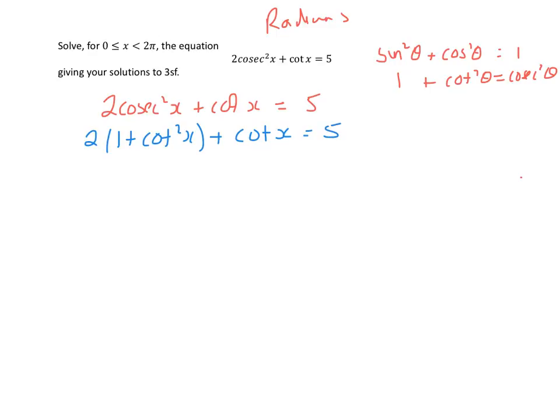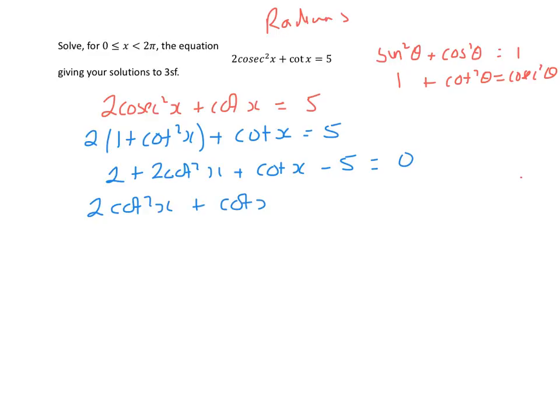And I'm going to work towards a quadratic which I can then hopefully factorise and solve. So expanding the bracket, 2 plus 2 cot squared x plus cot x minus 5 will equal 0. 2 cot squared x plus cot x, 2 minus 5 is minus 3, will equal 0.